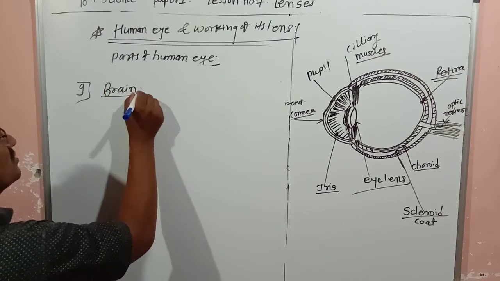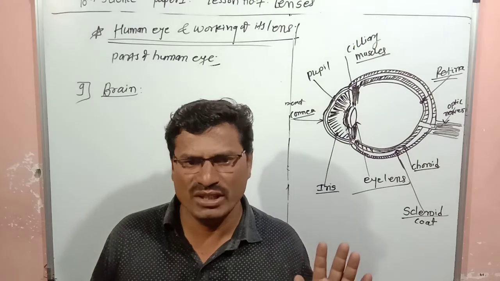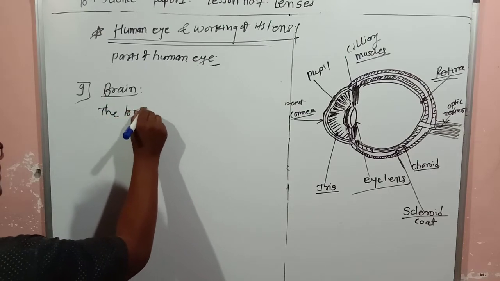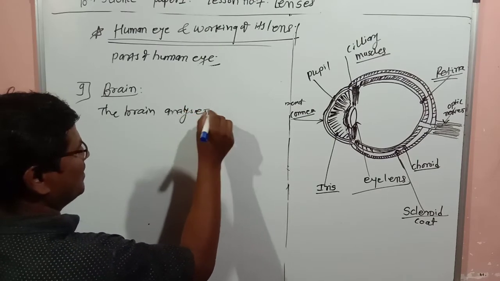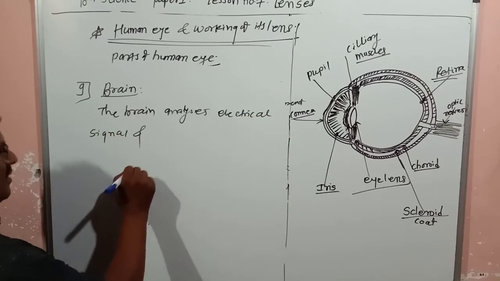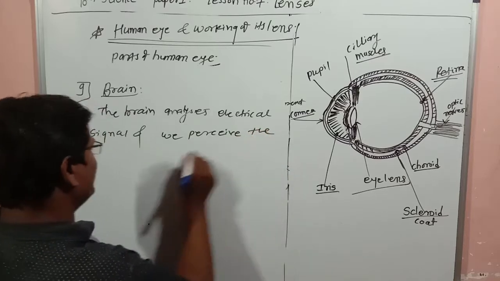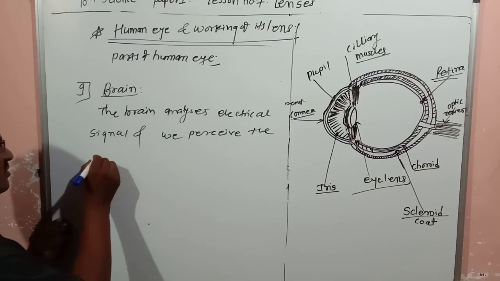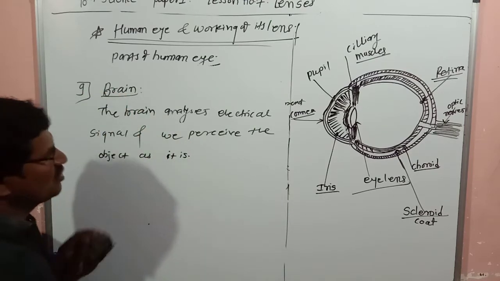The brain analyzes the electrical signals and we perceive the image of the object as it is. So this is the function of the brain.